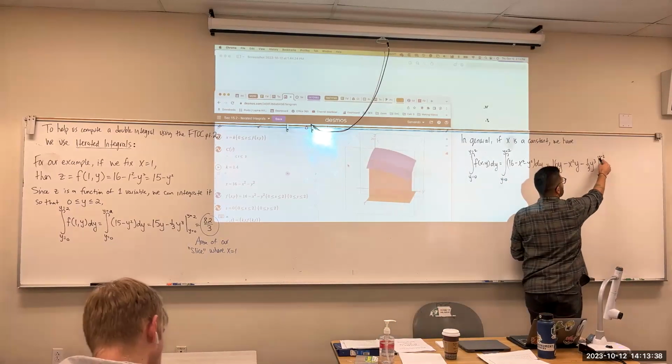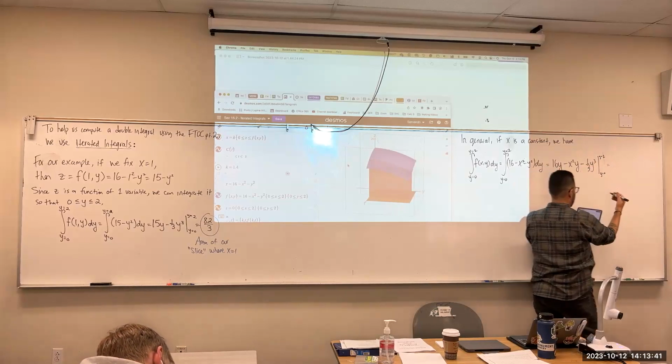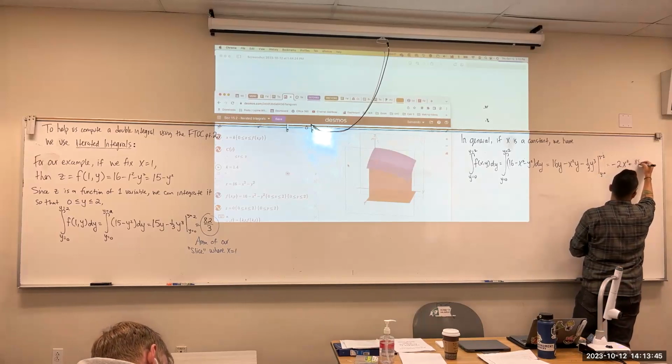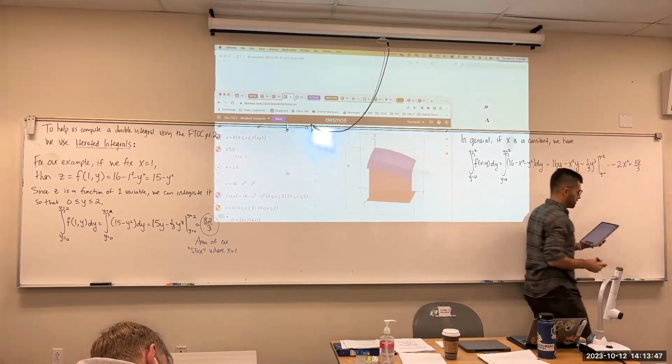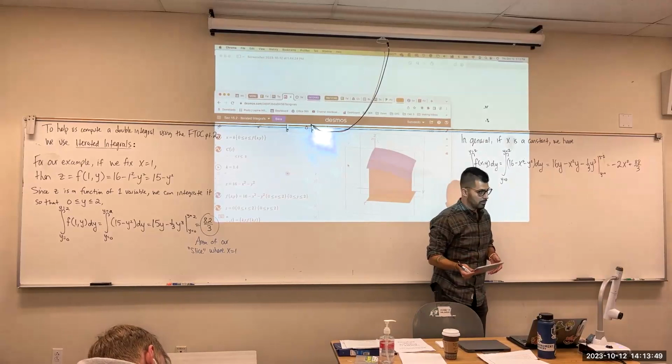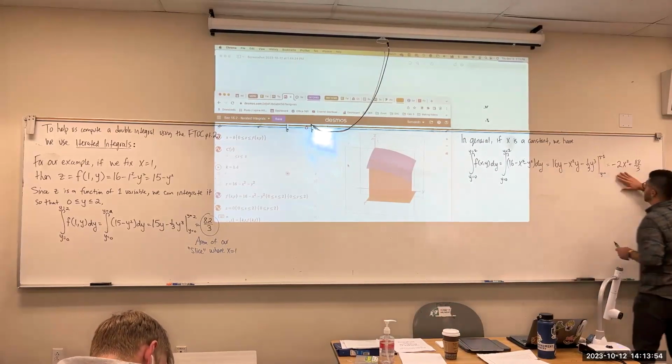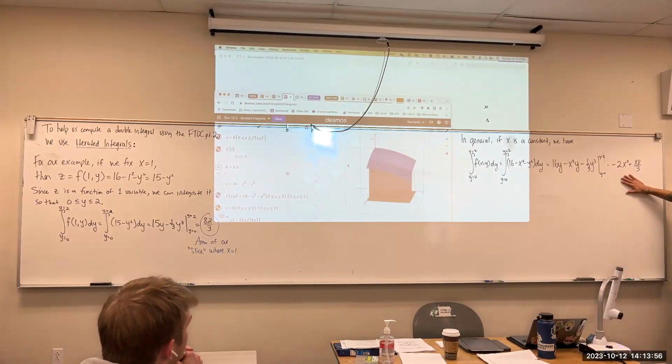You plug in the 2, you plug in the 0, you subtract them. I did that math for you. It's going to be minus 2x squared plus 88 thirds. So let's talk about what this answer represents.